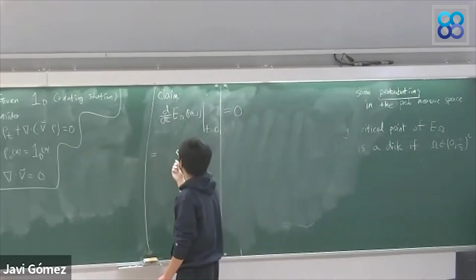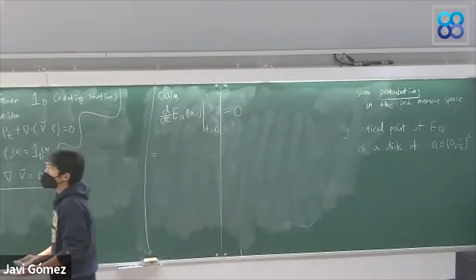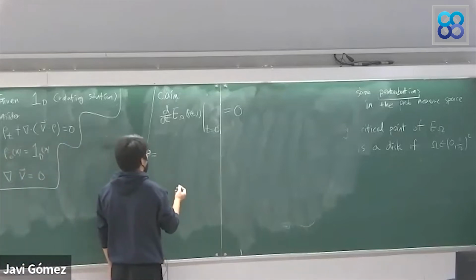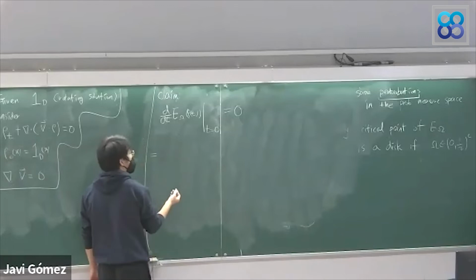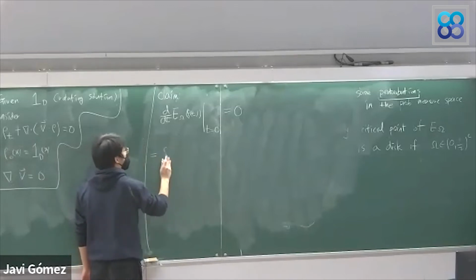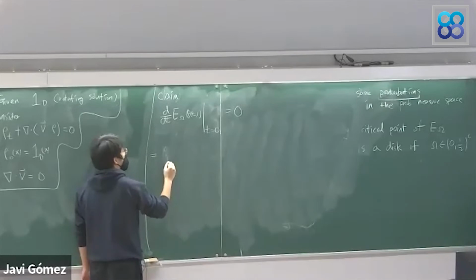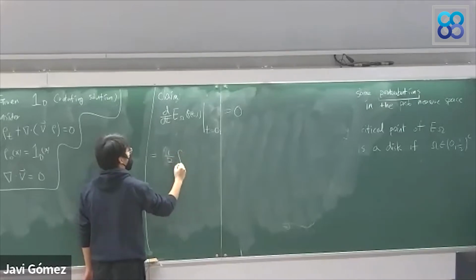So let's do this. Let me just copy the functional here. Let's just take the time derivatives. Then we have 1/2.